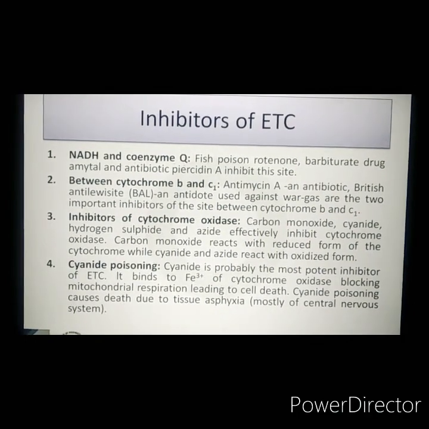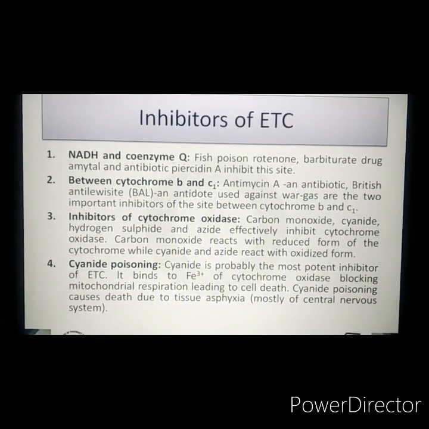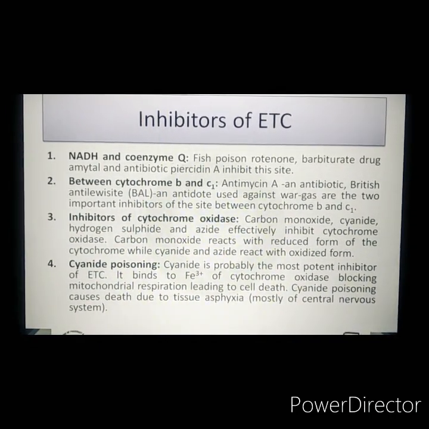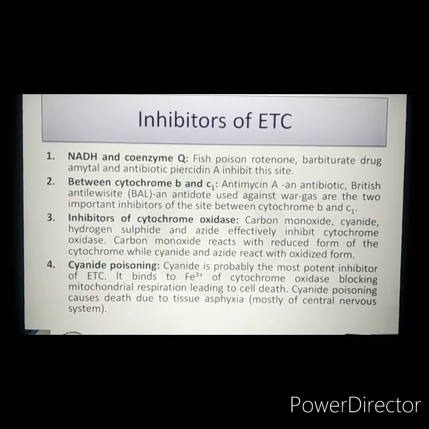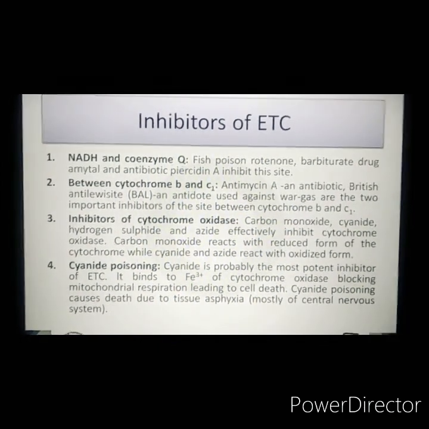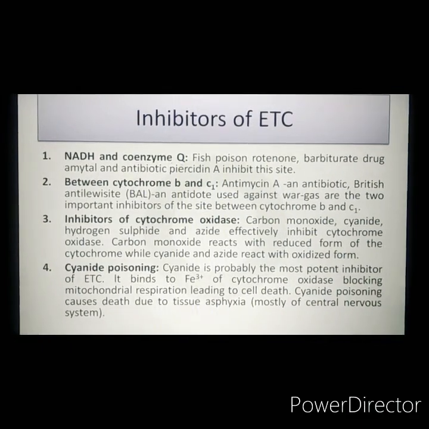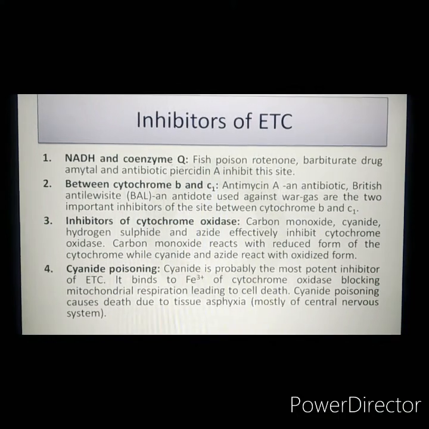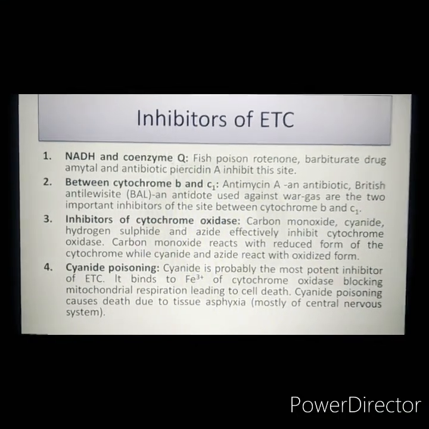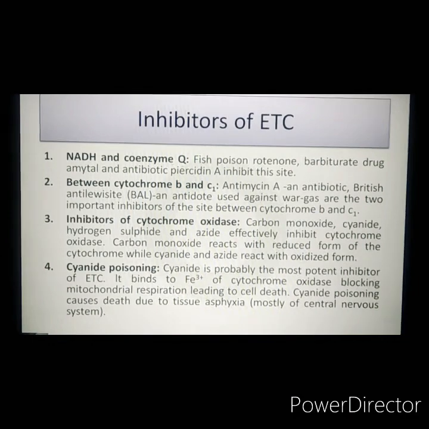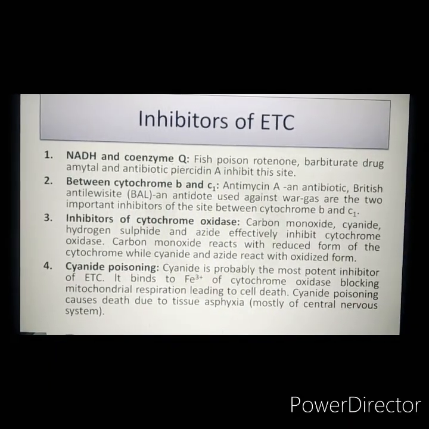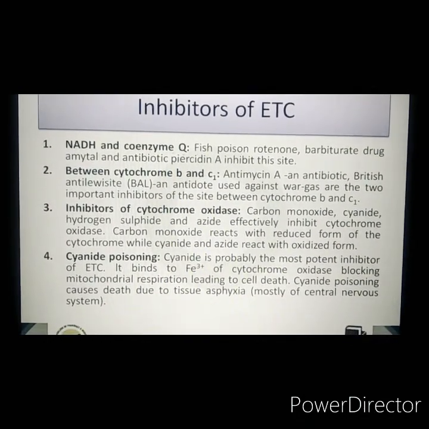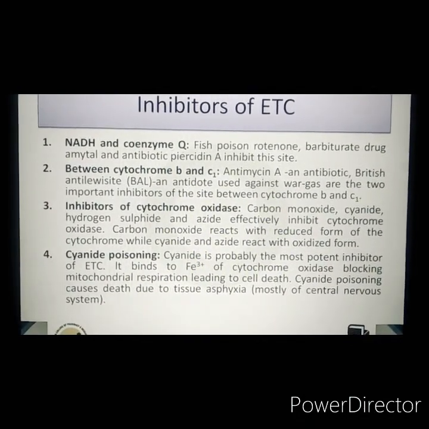So first is NADH and coenzyme Q. The fish poison known as rotenone, barbiturate drugs like amytal, as well as the antibiotic piericidin A inhibit this site. Means the very first complex, that is the NADH dehydrogenase complex, as well as coenzyme Q, the free molecule that travels between the first, second and third complex.